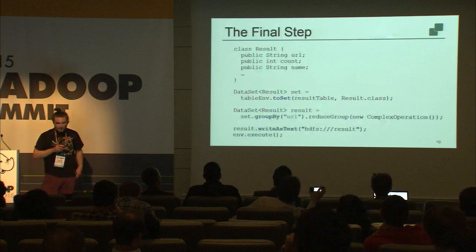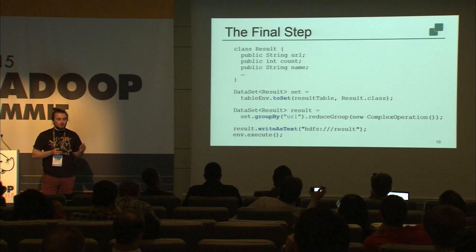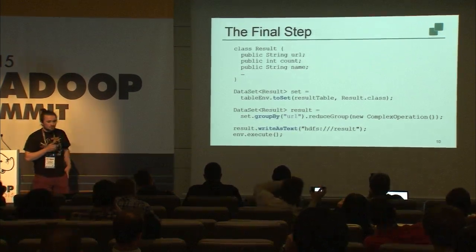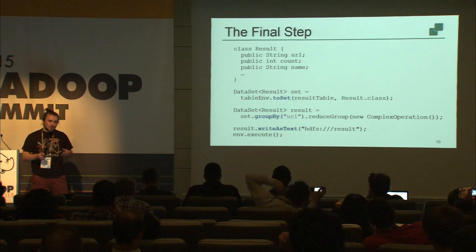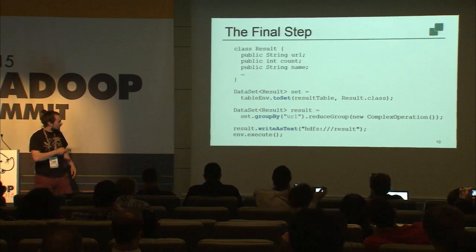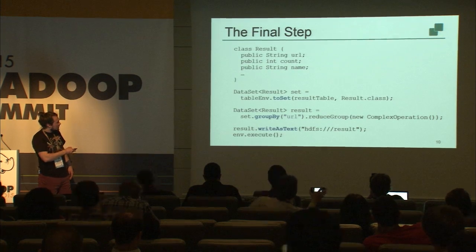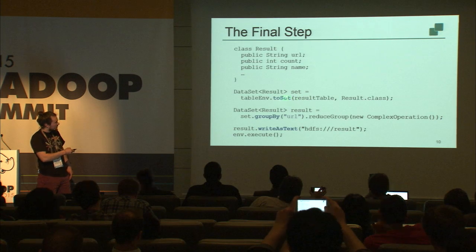Then the final step is, now we have this table, and we want to perform some additional massaging step I mentioned earlier. So what we do is we convert, using the table environment, this result table that we have back to a data set.